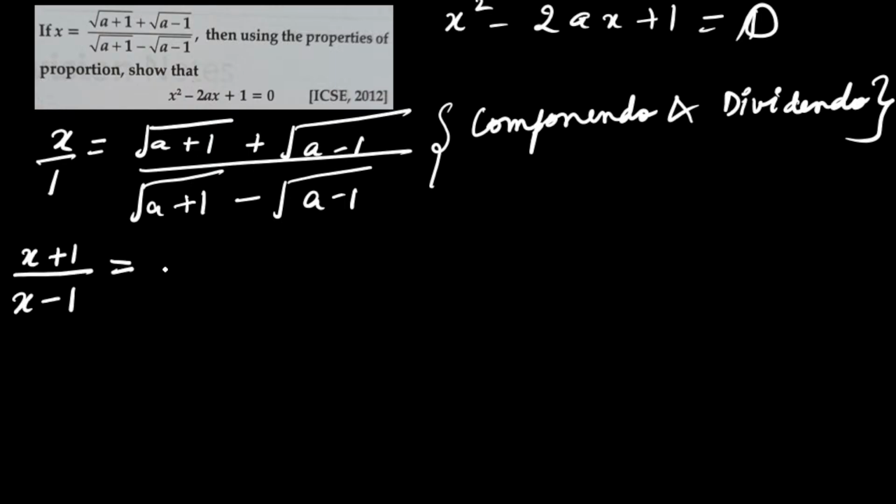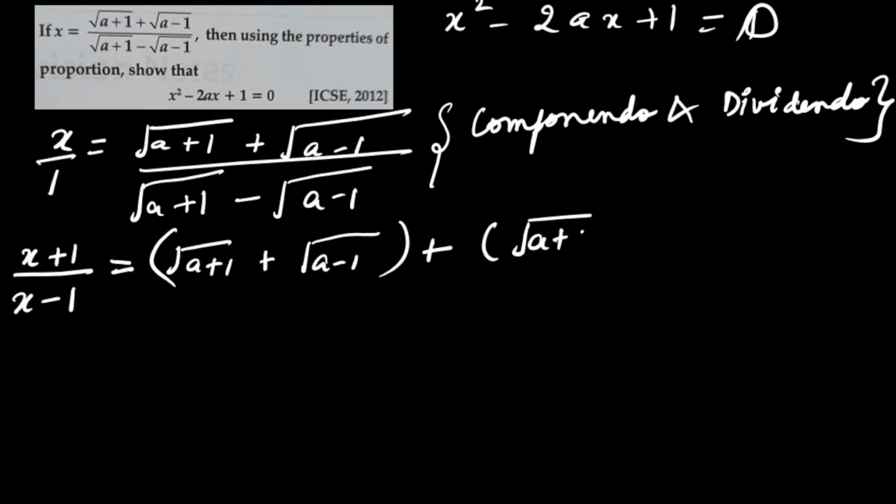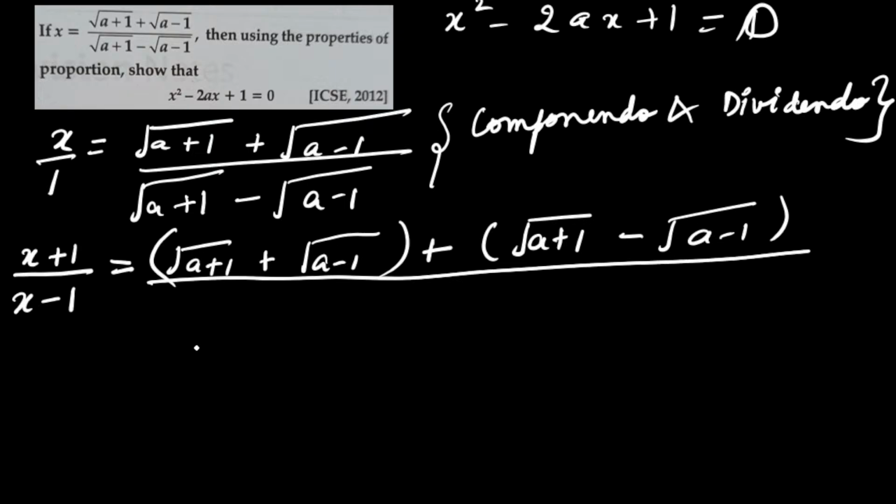So this side also, the numerator is root a plus 1 plus root a minus 1. This is the numerator, numerator plus denominator. What is the denominator? Root a plus 1 minus root a minus 1. So this is the sum of numerator and denominator I have written. The subtraction of numerator and denominator I have to write here, same terms.